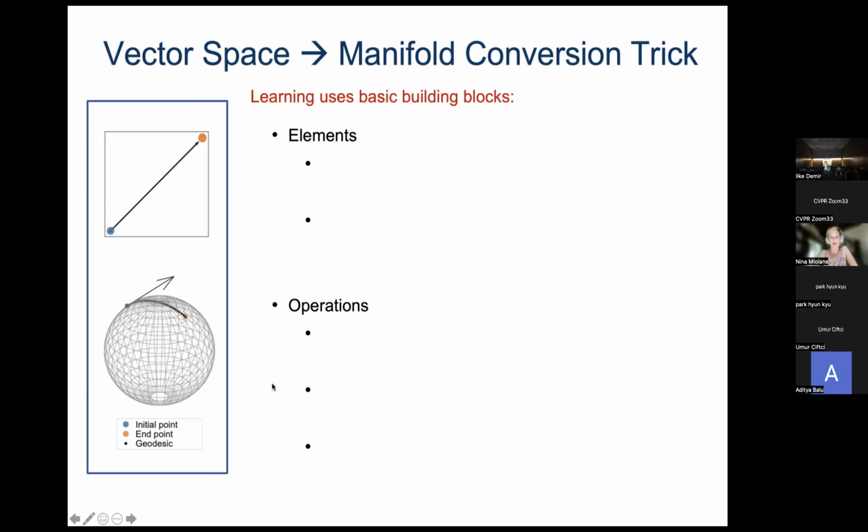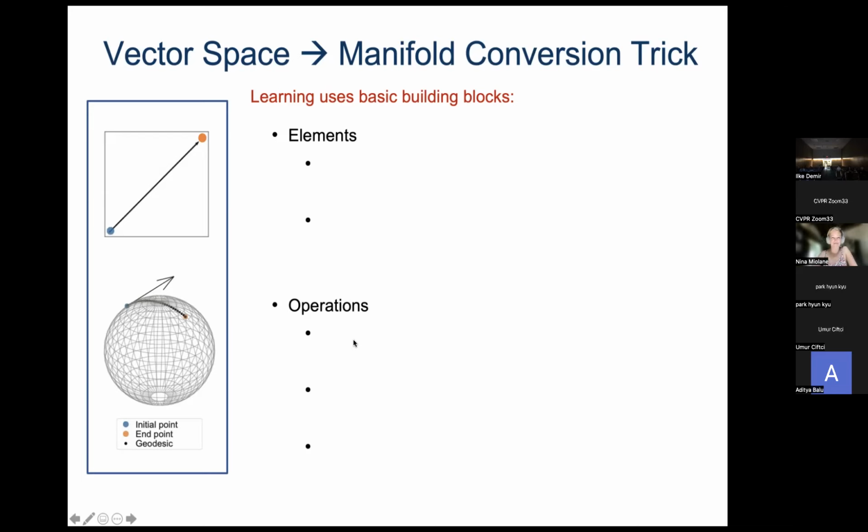By basic building blocks, I mean some set of abstract elements and some set of abstract operations. Now, if we can convert these building blocks from their definition on vector spaces to their definitions on manifolds, then we have a translation, in the sense of language translation, that allows us to virtually convert any type of statistical learning, machine learning, and deep learning algorithm to manifolds.